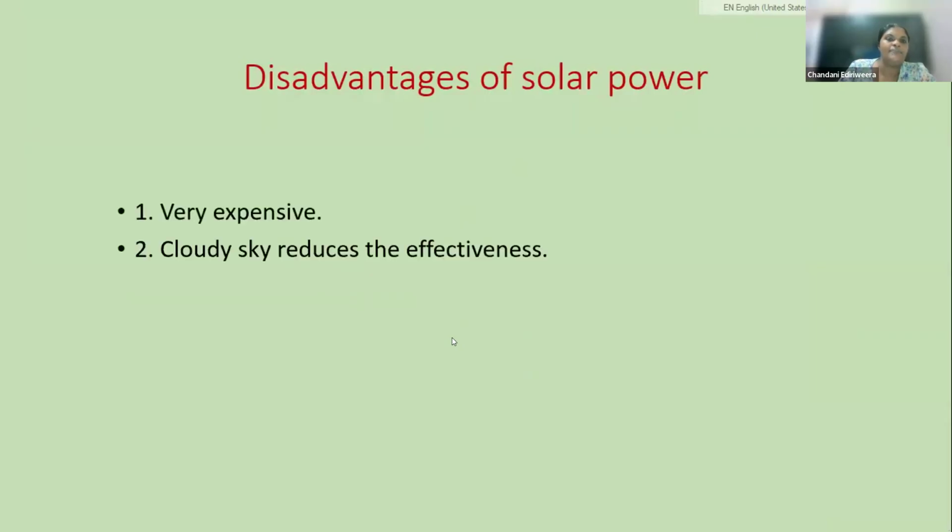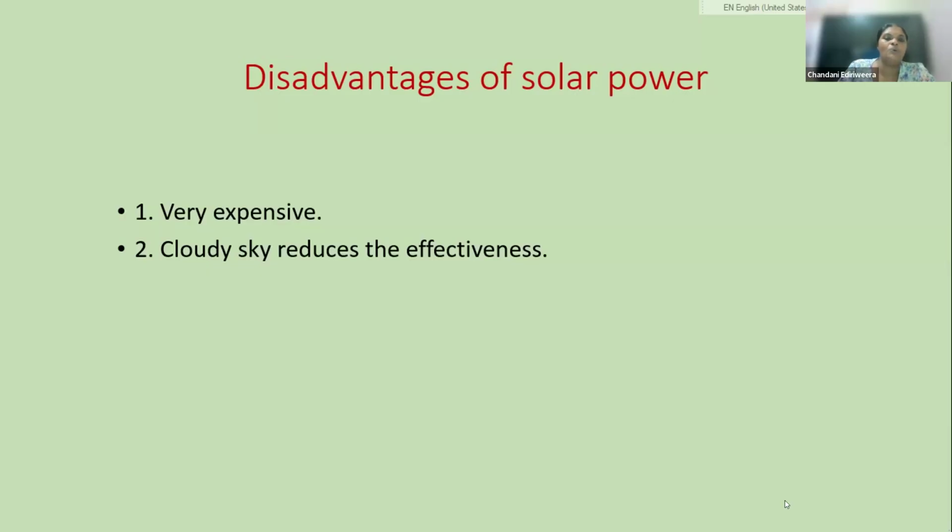The solar panels are very expensive. But day by day the price is reducing, because about 2 years ago it was about 15 lakhs for the 5 kilowatt one. Now I think it has reduced to 8 lakhs, right?